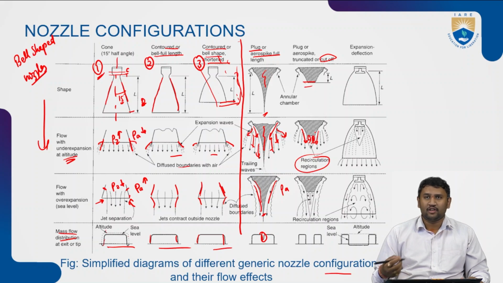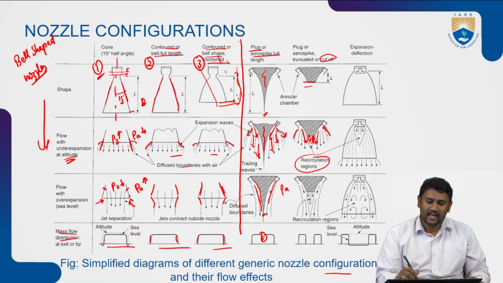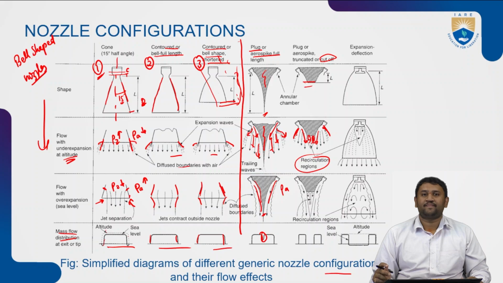If you're using it under in-flight conditions, the same thing that we have discussed earlier, particularly for the aerospike full length engine, the boundaries get diffused and the expansion waves are formed right after the exit of the bell type of nozzle, particularly in aerospike engines.